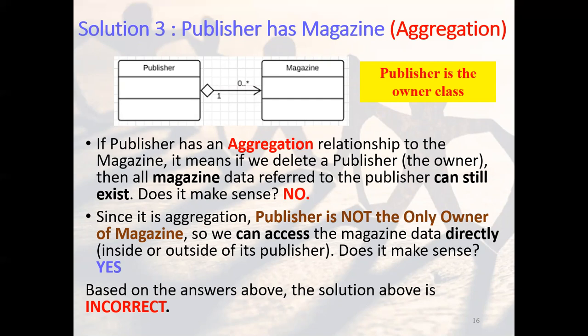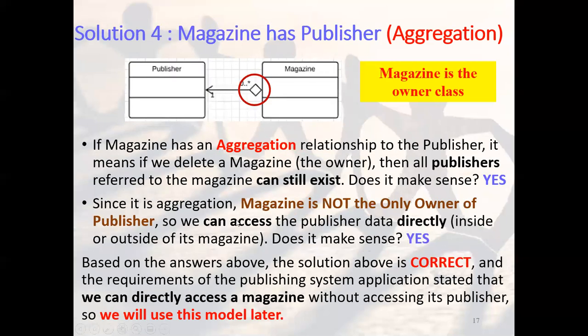However, in terms of accessibility, it makes sense because both publisher and magazine can be accessed independently. We can directly access the magazine and we can access the publisher independently. But because the existence is a problem, it doesn't make sense to have a magazine without a publisher. So this solution is incorrect.